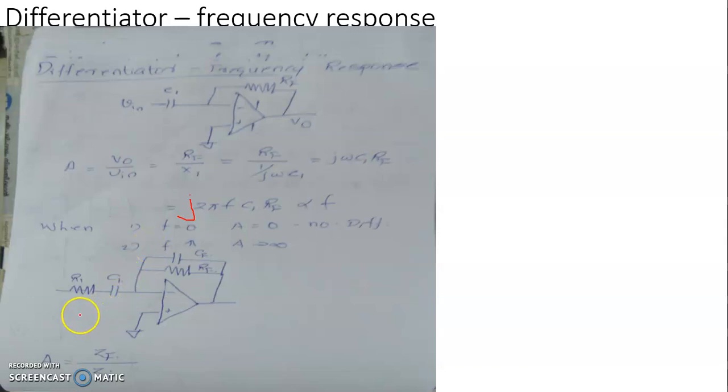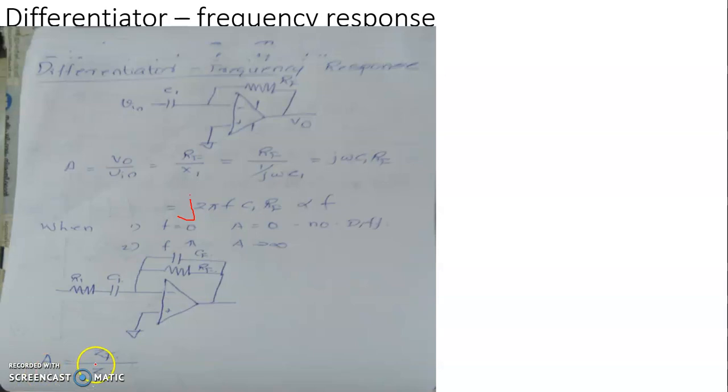To overcome these two problems, we introduce a resistance in series with the input capacitor, say R1, and a capacitor CF in parallel with the feedback resistance RF. This now modifies the input impedance as well as the impedance in the feedback path, and that eventually will modify the gain of the amplifier also.